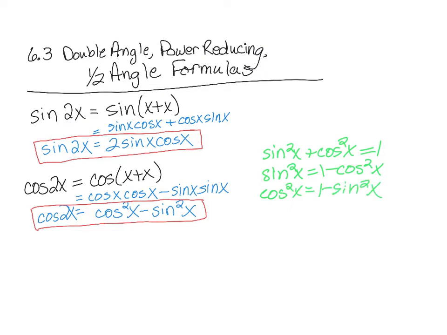Keep all of the forms of all of the identities in mind when you're verifying or solving an equation. So in the next formulation of the cosine of the double angle, let's change cosine squared to be 1 minus sine squared and see what we get. I'm going to do this in green here.